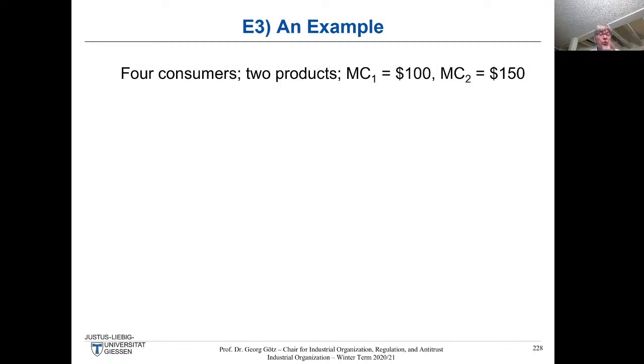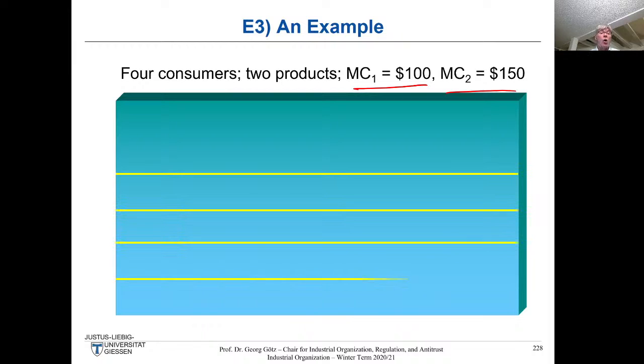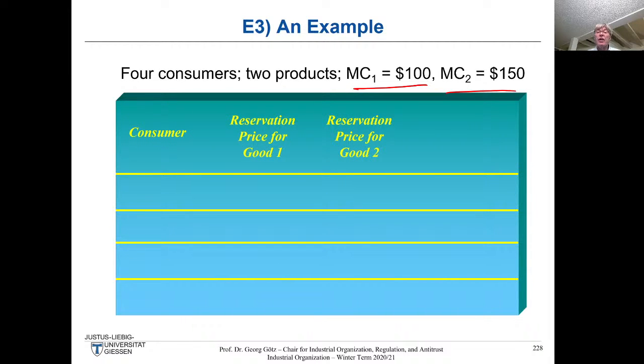And I just want to give you another example where we have these costs in more explicit terms and where we see how it works out here. Here we have two different goods, and we have 4 consumers, and we have certain reservation prices for the goods.